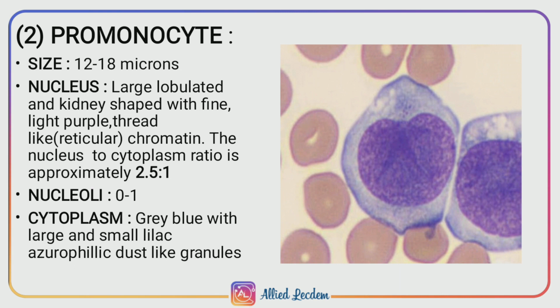The nucleus to cytoplasm ratio is approximately 2.5:1 and nucleoli is 0:1. Cytoplasm appears grey-blue with large and small lilac acidophilic dust-like granules.